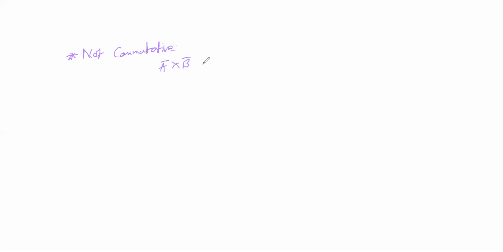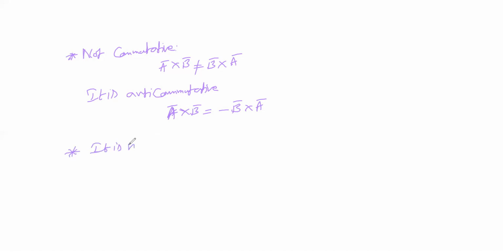A bar cross B bar is not equal to B bar cross A bar, and it is anti-commutative. So the expression is A bar cross B bar equals minus B bar cross A bar. And in the same manner, it does not obey the associative law.